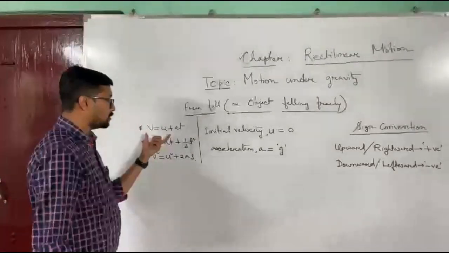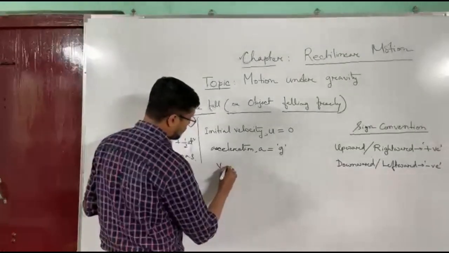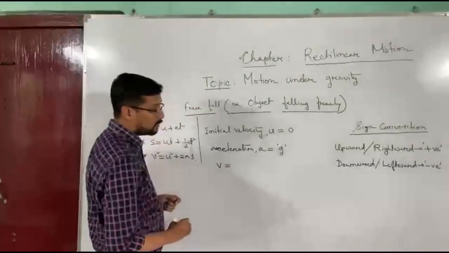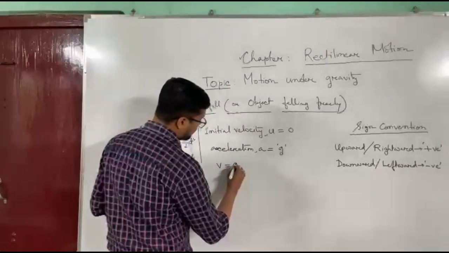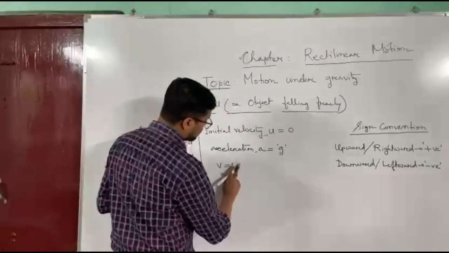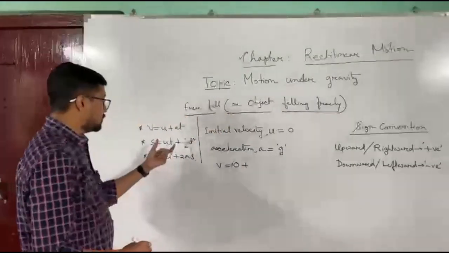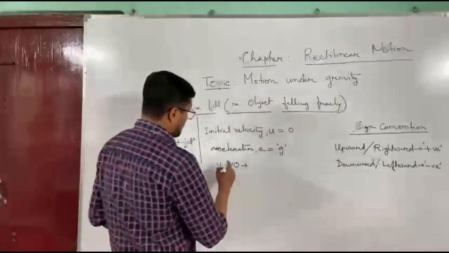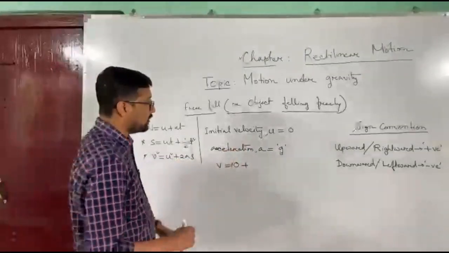The first equation will become basically V is equal to initial velocity, which is 0, plus acceleration, whose magnitude will be g.